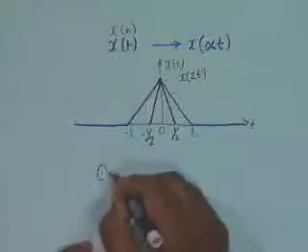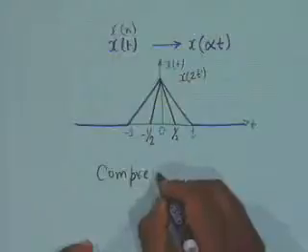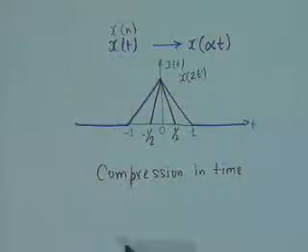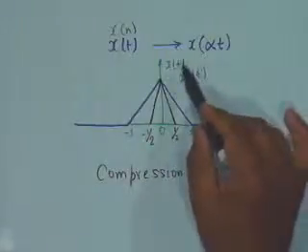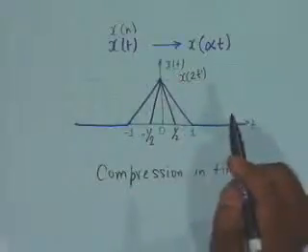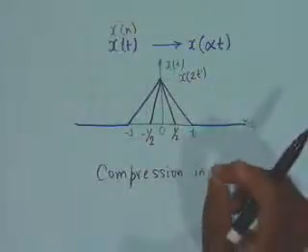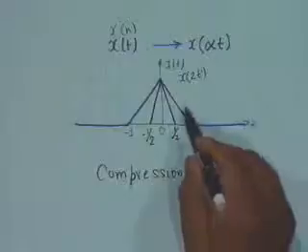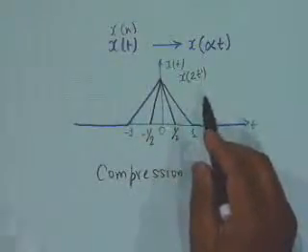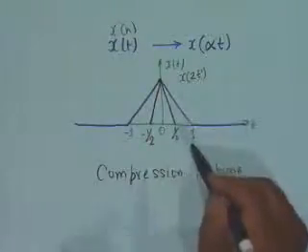This is called compression in time. This happens when t is multiplied by a constant which is greater than unity. In terms of, let's say, tape recorded signal, if the blue curve x of t is a tape recording of a speech, then x of 2t represents the same speech run at twice the speed, right?